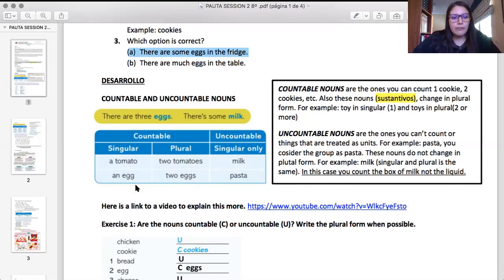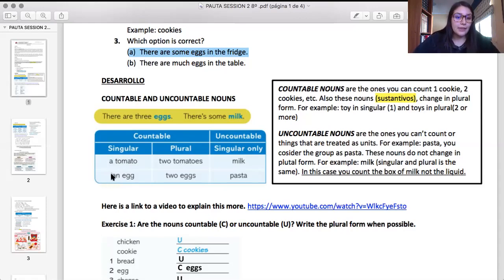In the singular form, in countable nouns, we have A and AN. Okay, this is important because it means 1: a tomato, an egg. The only difference between the two is that in the case of A, the following letter is a consonant. A tomato, the sound goes together.